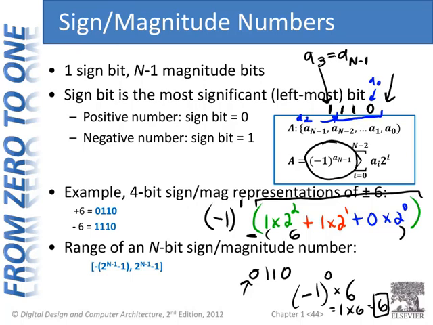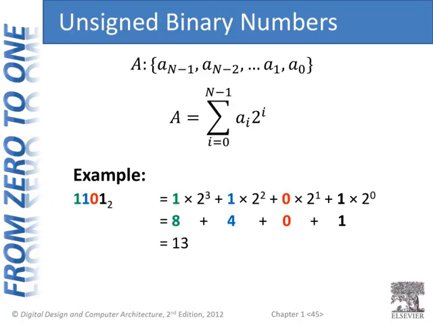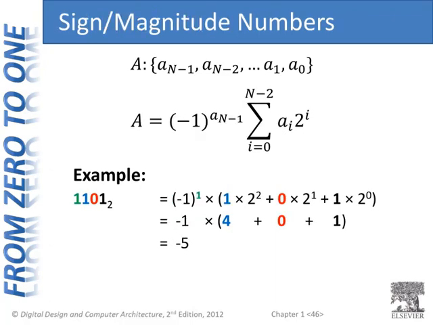Okay, so let's review our unsigned binary numbers. We just multiply the bit by its column weight and add them together for i equals 0 to n minus 1. For signed magnitude, we do that addition of the bit and the column weight just for the magnitude portion, so 0 to n minus 2, which is the magnitude bits.